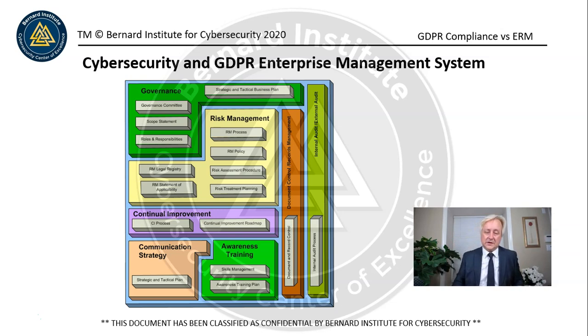So this is the quality management approach. We need to have some way of gathering feedback from procedures, making sure that as we go forward we're always constantly improving, making these better and better, hardening our systems, making sure they're more secure, making sure our procedures are more accurate, clearer for people to understand, making sure that we have a communication strategy in place, and then we have awareness training going on.